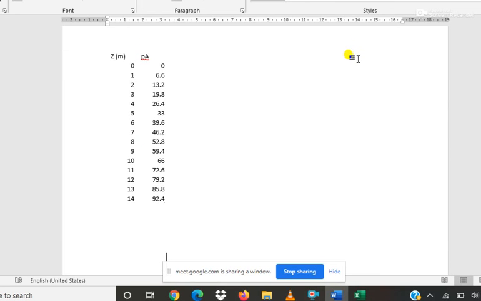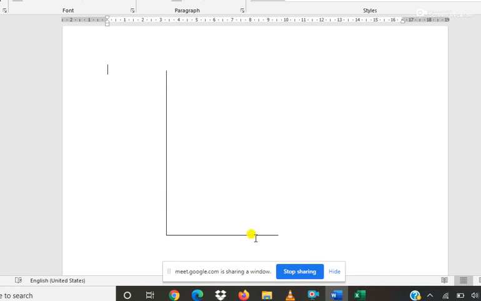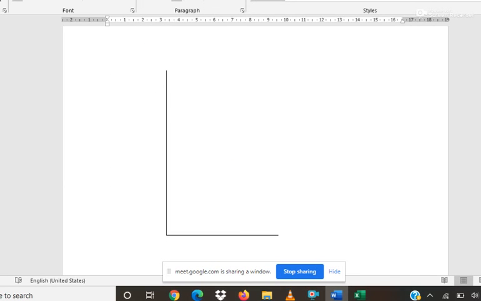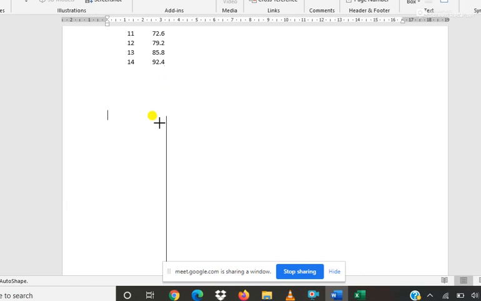If you plot these values, this one is Z and this one is Pa, then you will get a straight line like this.